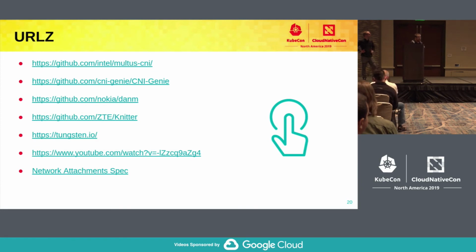So this is the list of URLs of technologies used in our presentation. The presentation is available on Sched.com, so you can simply reuse these links. And also, there is a link to YouTube to a small demo about how you can switch on the fly where traffic should go using TungstenFabric.